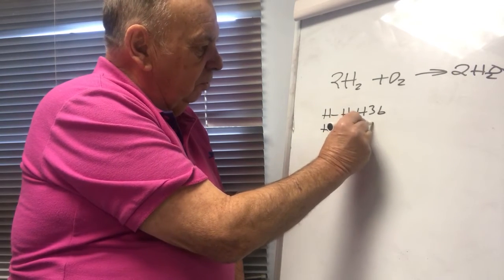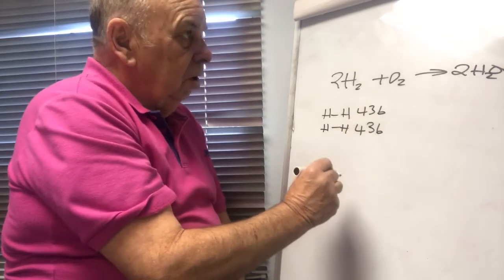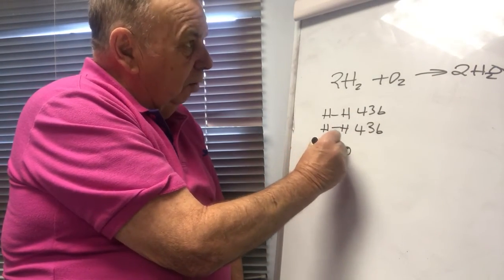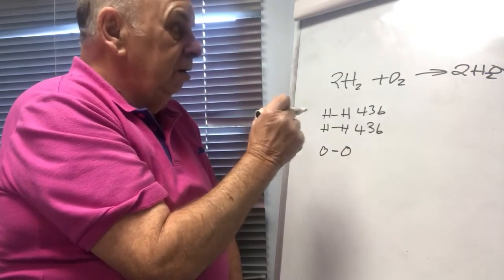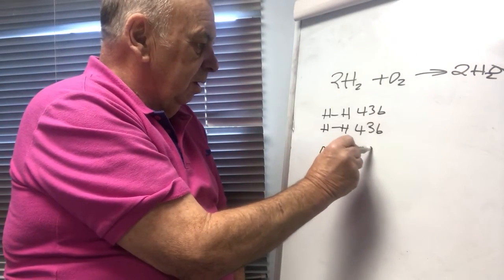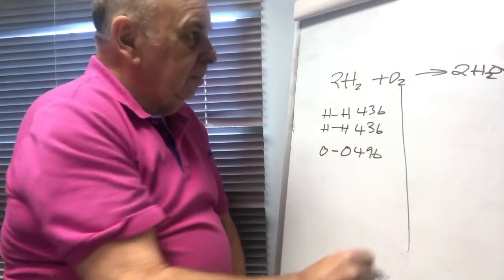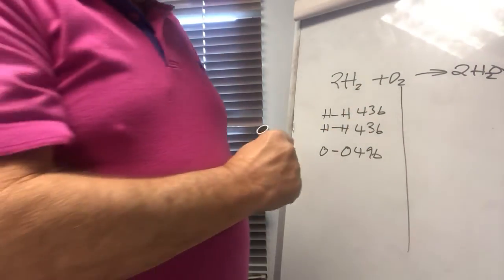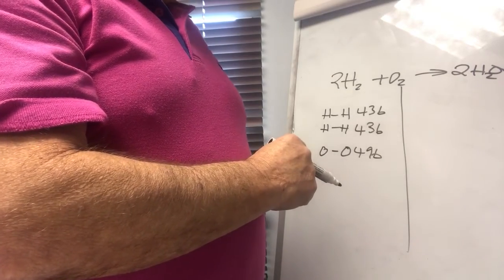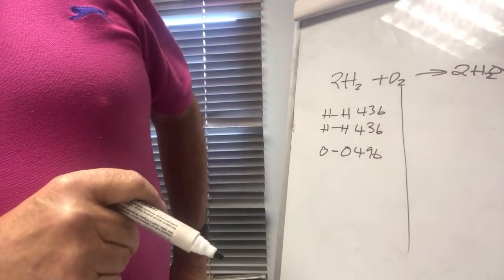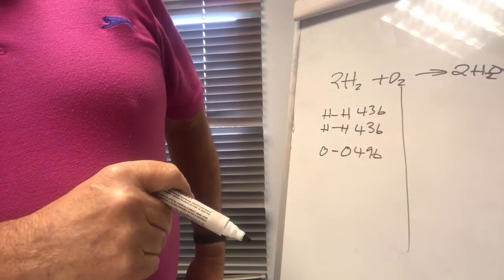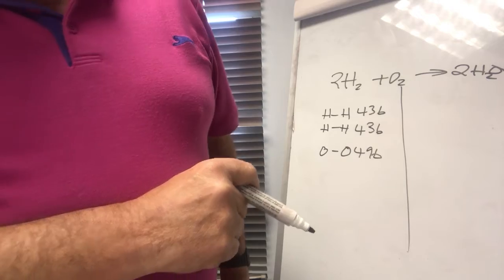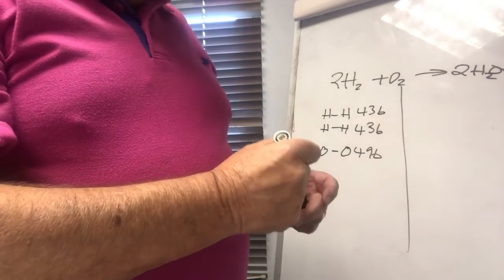Oxygen, the bond energy between the O and the O is a bit more, it's 496. And going back to that, I've now got OH, OH, hello, I've made a mistake.